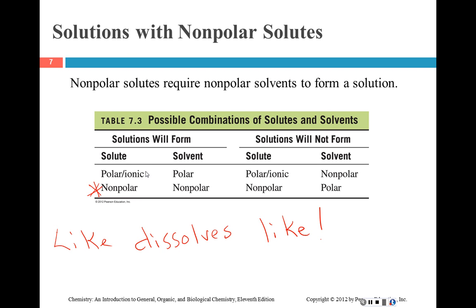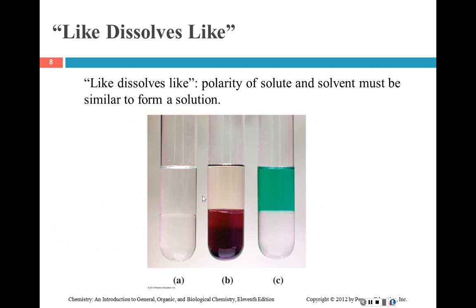So the polar ionic will mix with a polar solvent such as water. The nonpolar will mix in other nonpolar solvents such as oil in gasoline, for example. So like dissolves like, as I said, and so the polarity of the solute and the solvent must be similar in order for them to mix. And so if they're not similar, then they will form two separate layers.